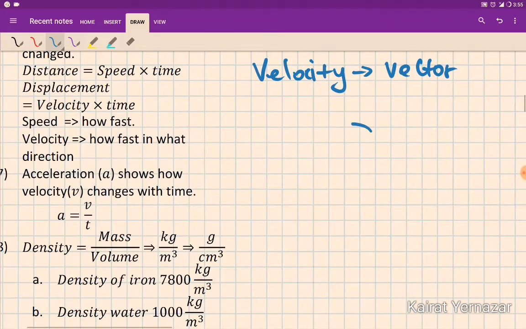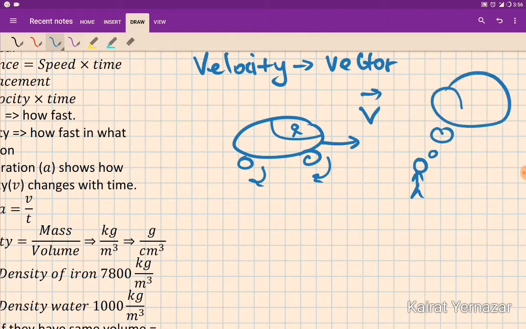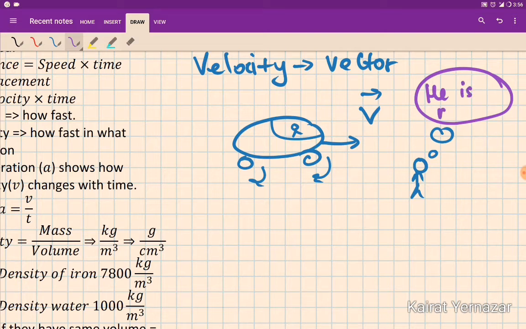If there is a car and there is a person inside, and the car is moving forward with some velocity, the outside observer would think he is moving.